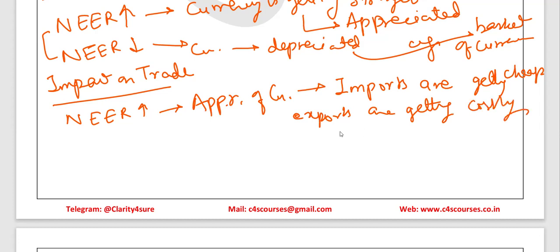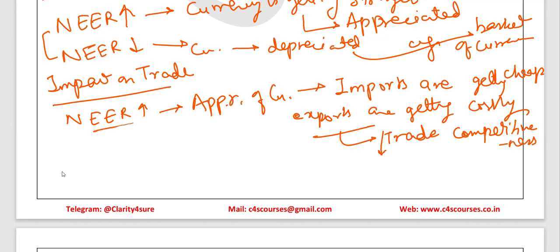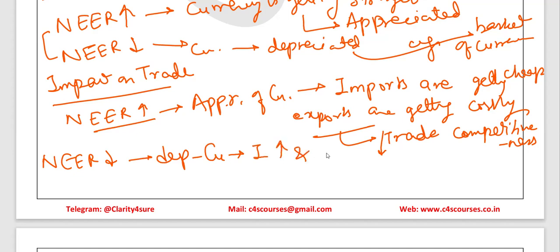So here we are losing the trade edge, trade competitiveness. It decreases trade competitiveness when NEER increases. And opposite would be true for NEER decrease. When NEER decreases, depreciation of currency will take place. That will lead to imports getting costly and exports cheaper.